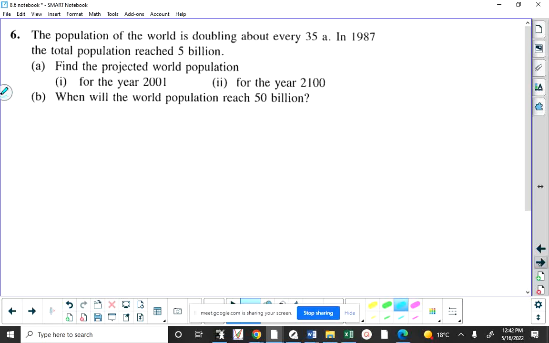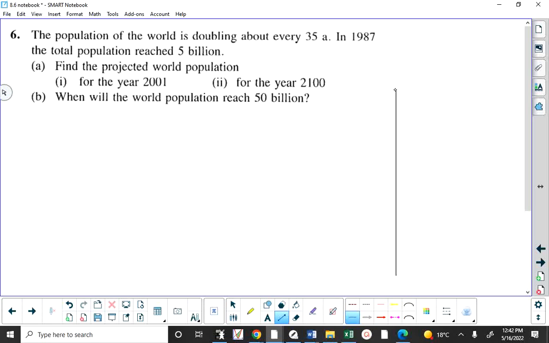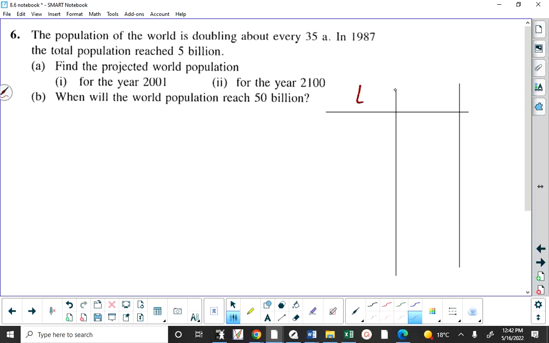So what we're doing here is we're associating t with being 0, and we're connecting the year 1987 to that. And as a result of that, we can say the population at that point in time is 5 billion.